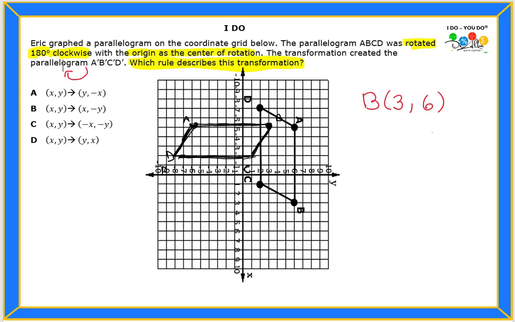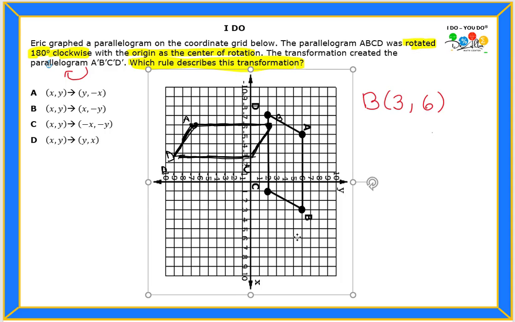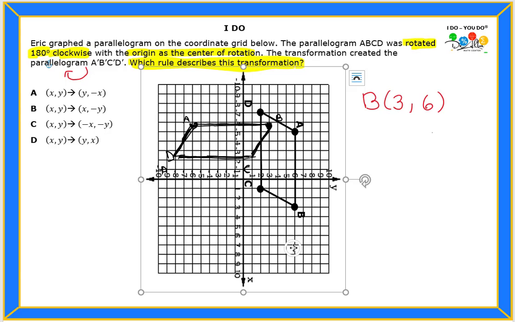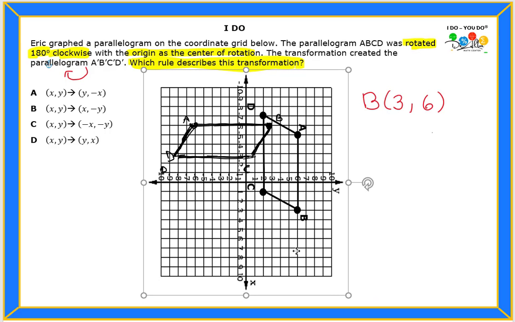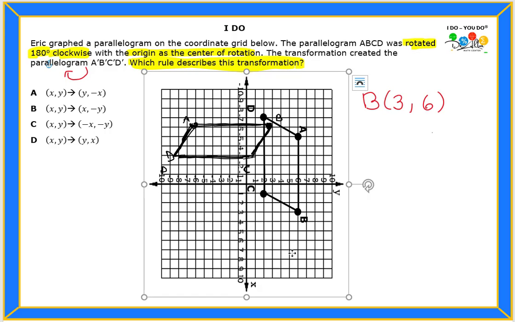Notice how that is a 3 and 6. I need to move it a little bit more just to make sure that it's matching. Okay, so it'll be right there, 3 and 6.